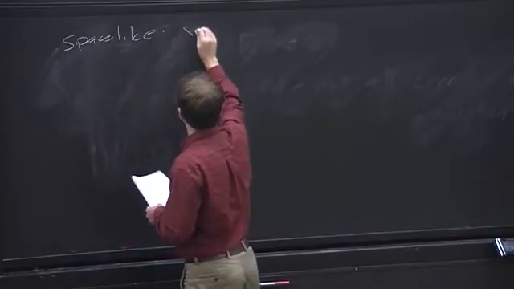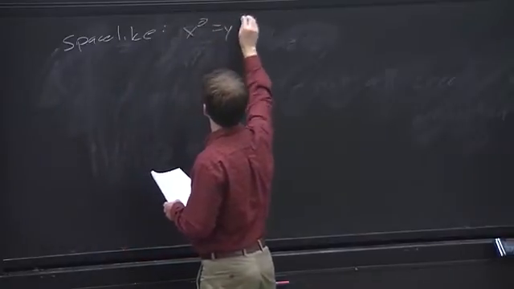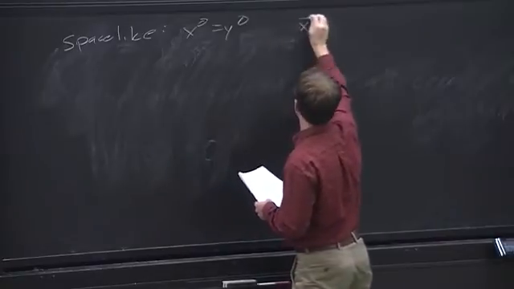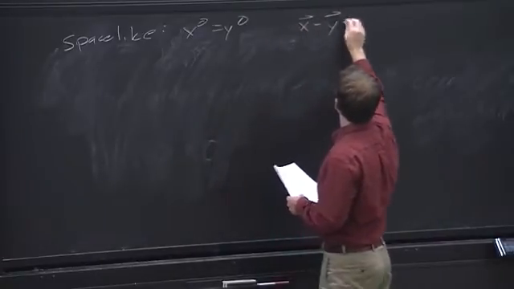So again, we're going to set x naught equal to y naught. And let's call x minus y r.